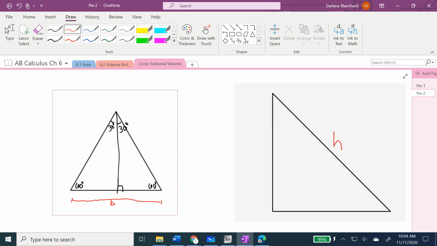Now, B is the length of the hypotenuse of one of these 30, 60, 90 triangles. And actually, through the equilateral triangle, you can see a lot better why the length across from 30 is half the hypotenuse.